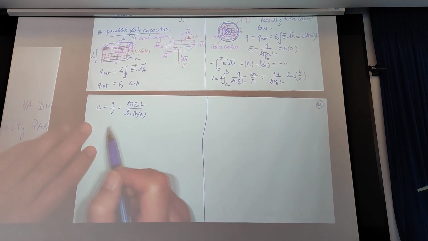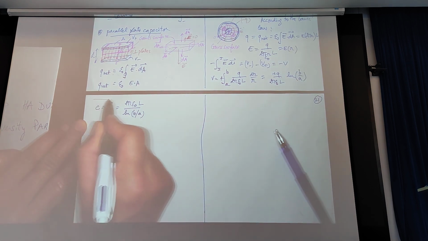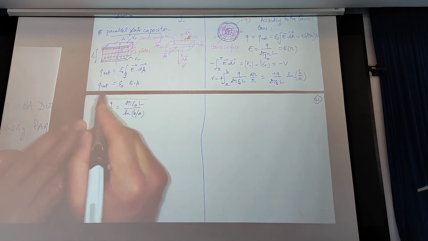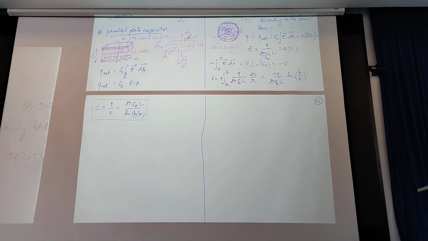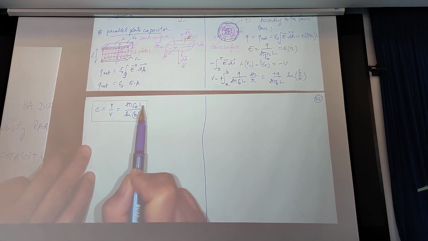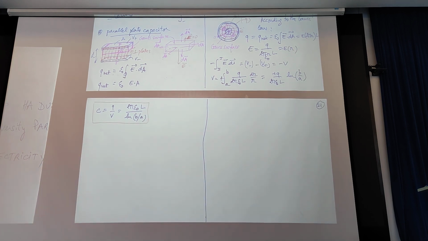Okay, so again, the capacitance of a cylinder capacitor only depend on the geometry L, B, and A of the capacitor.